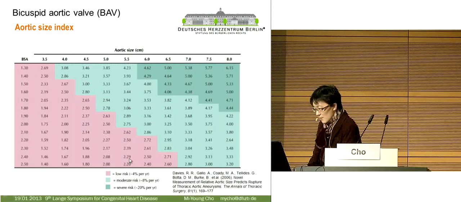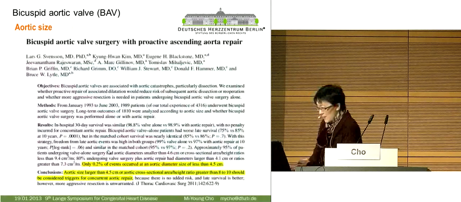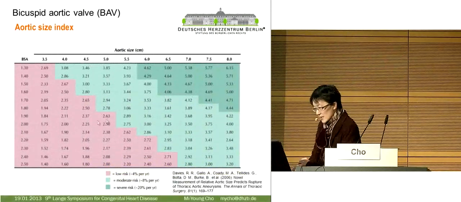You can see from this chart that there are people who have a lower risk, in the pink group, or a severe risk, in the dark green group. So you can look up whether your patient has a higher risk for dissection or a primary cardiac event.